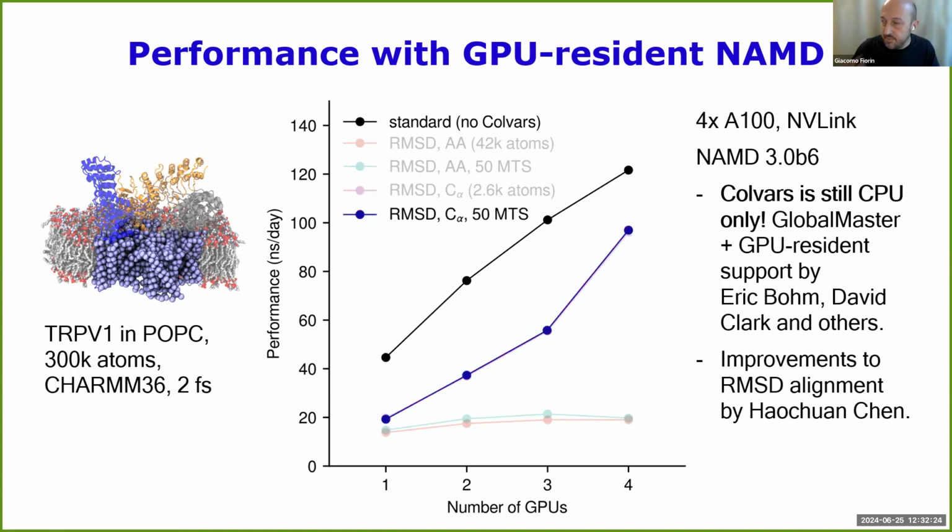And again, the computation is relatively cheap. The communication is what matters here. And so you can try multiple time stepping. In this case, it doesn't work, but it will help you if you're running NAMD and Colvars primarily on CPUs, because their computation and communication are both under control of the CPU. But this is just a word of caution, especially when you use GPU-resident NAMD, to be mindful of the fact that some configurations will be very slow, while other ones will be acceptable.